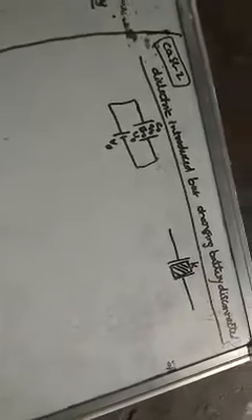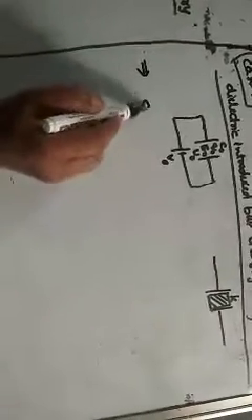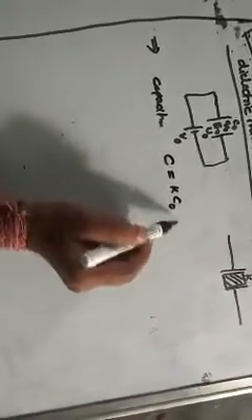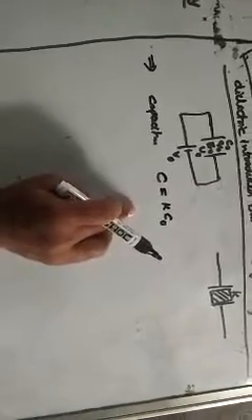One by one we can see the factors. Check carefully what we can observe here. First important point: even though the battery is there or not, the new capacitance, the final capacitance, will become k C naught. Already I told you this sentence, capacitance increased by k times.